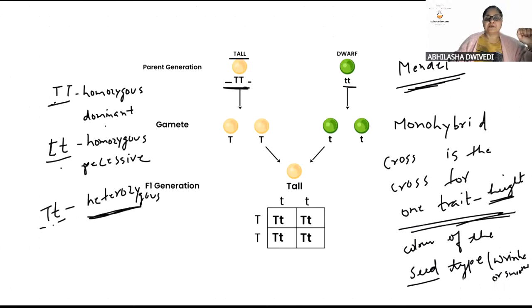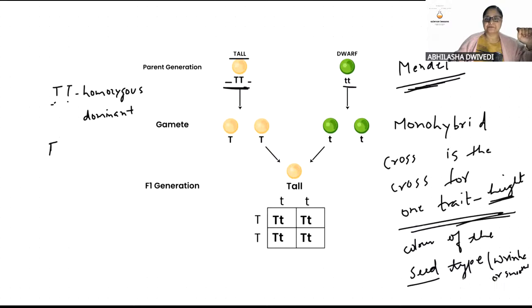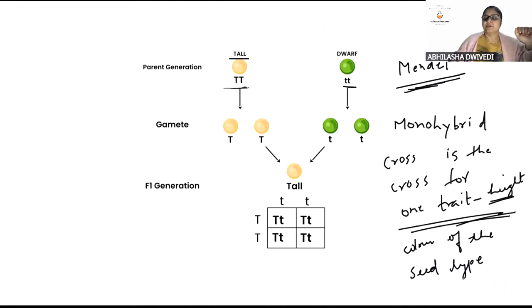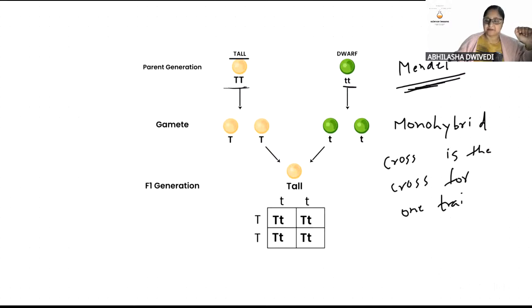Now I'm going to explain this cross. So we have two parents. That is called the parent generation. When they cross, you know what happens: in the parent generation, gametes are formed. When the gametes are formed, the alleles separate.